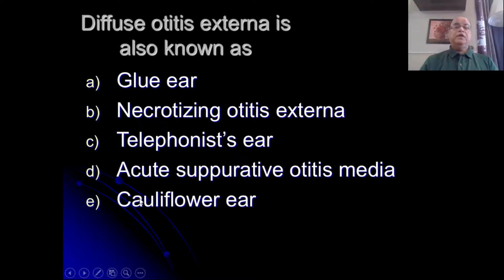And cauliflower ear we know is the deformity of the pinna after repeated trauma, especially in boxers. So we are left with telephonist's ear. So diffuse otitis externa is synonymously called telephonist's ear. It is also called swimmer's ear.